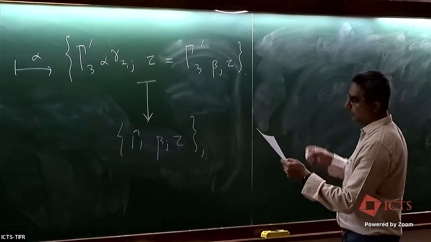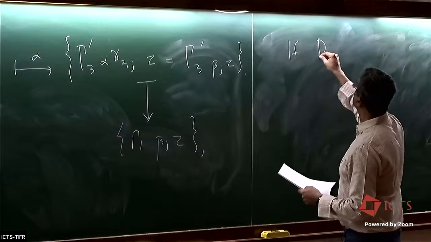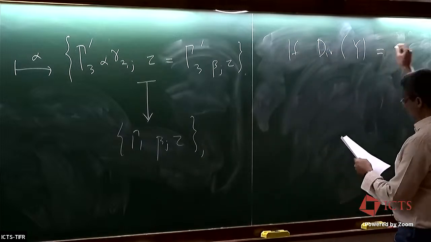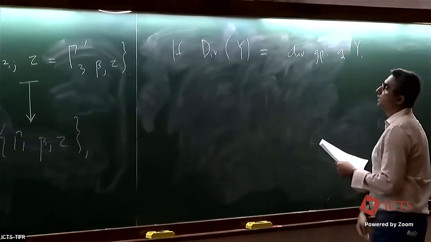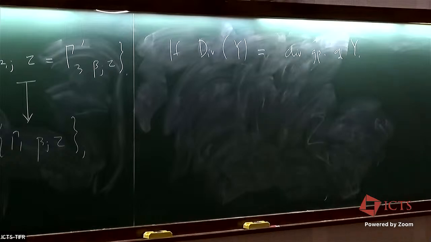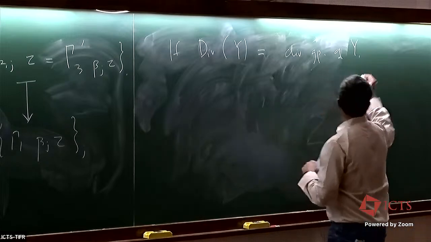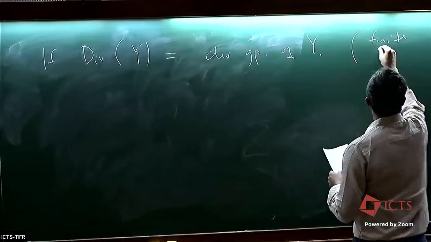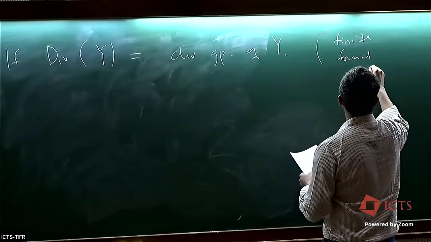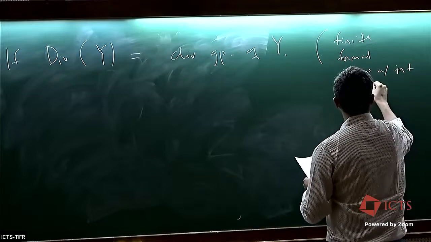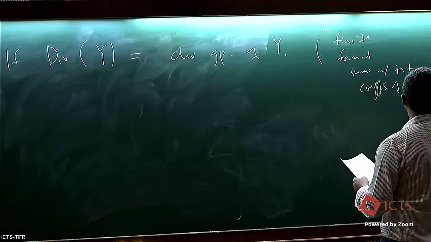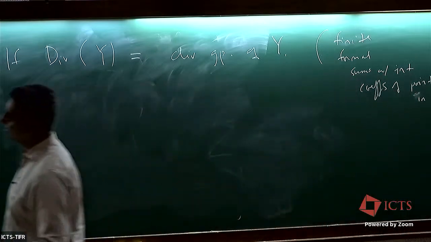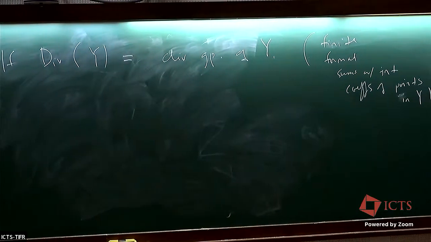Okay, so the divisor group of y is finite formal sums of points in y with integer coefficients in front. Then just by extending by linearity, you know what happens to one point, so what happens to a divisor?